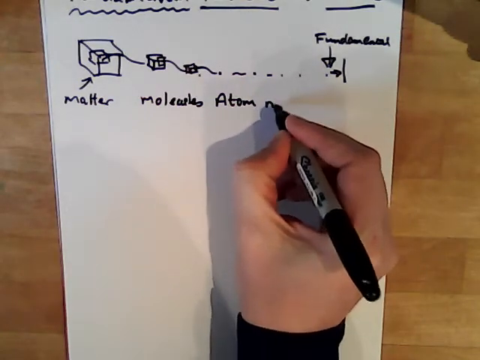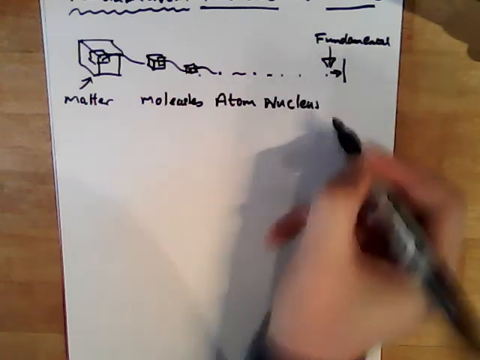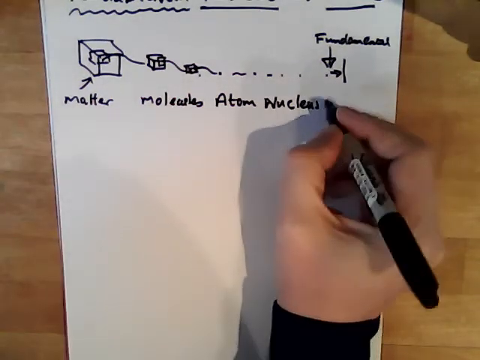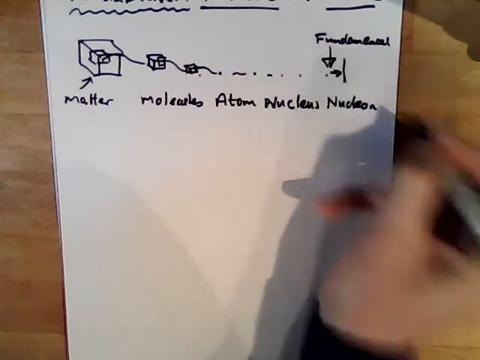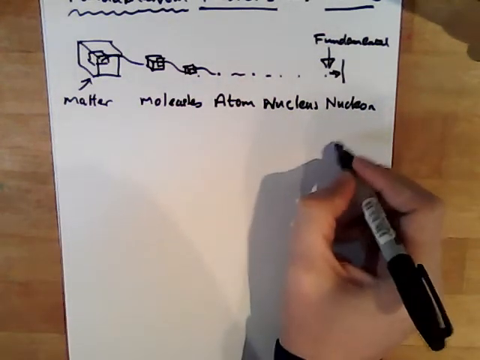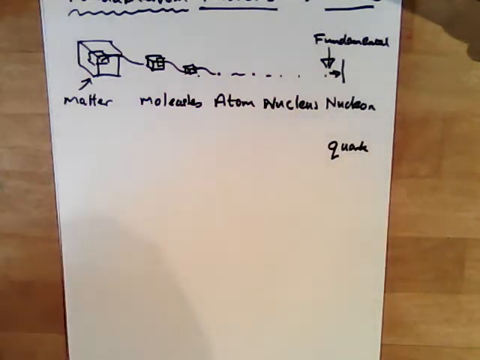And we notice that at the center of the atom we have a nucleus. And we've noticed I can pull a nucleus apart and I might end up with a nucleon. And if we keep going, I find that I might end up even with a quark. And we'll just work out what a quark is as we go.